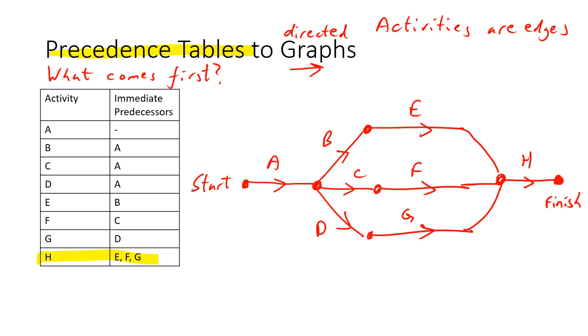If I look at F, going back through the arrows it just needed C as the immediate predecessor, going back one step there. That was fine. And let's do another one. Let's do B. If I flow backwards through B, the only backwards arrow is A. So we've done our table all okay. And that's how you take a precedence table and make it into a directed graph where the activities are edges.